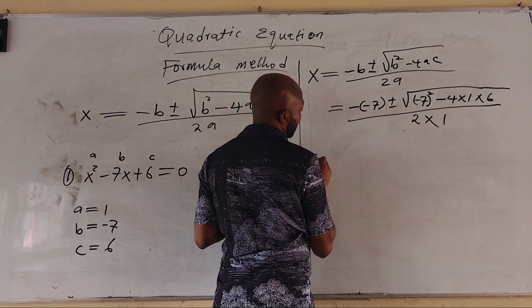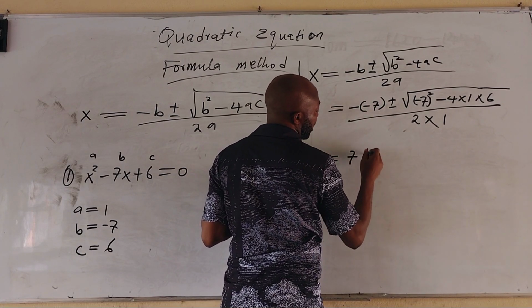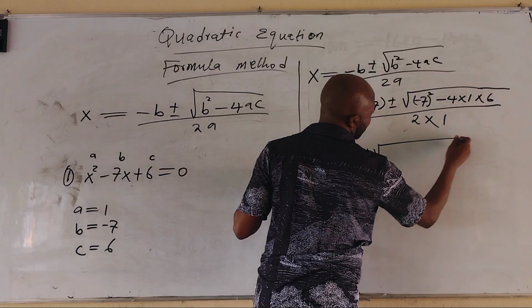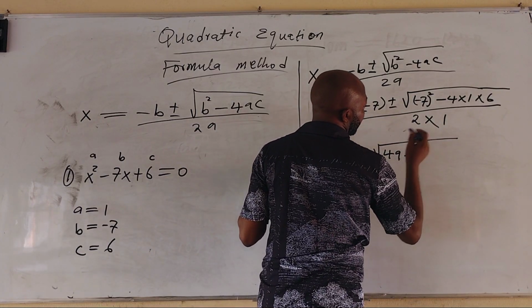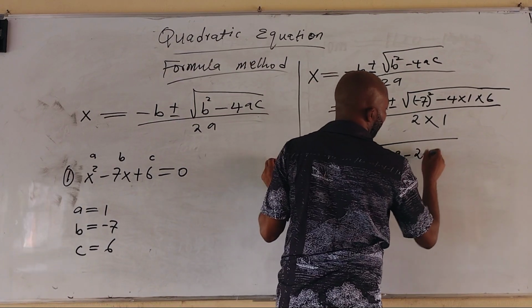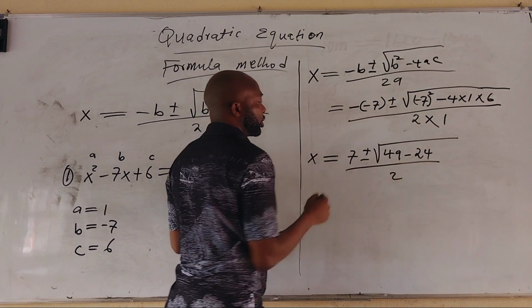And x is equals to, minus times minus is plus. So I have my 7 plus or minus the root of 49 minus 4, 5, 24, 6, 24, all over 2. 2 times 1 is 2.